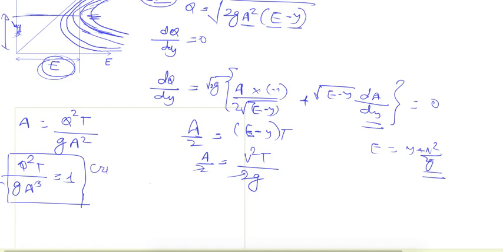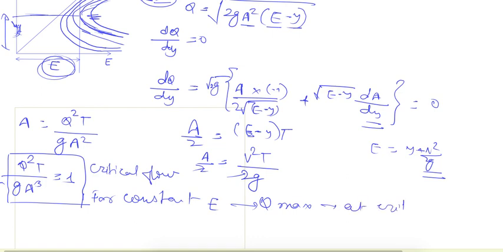So from here we can see that for constant value of specific energy, Q is maximum at critical flow.